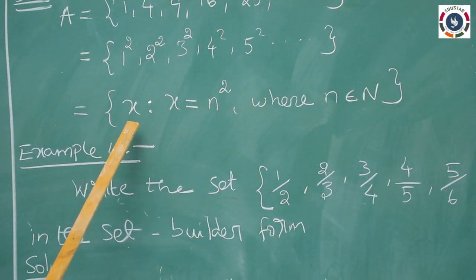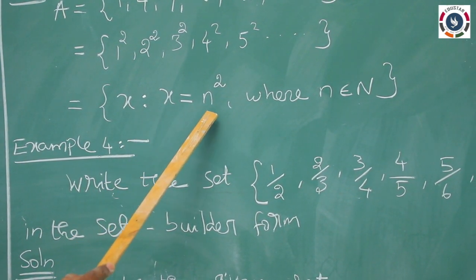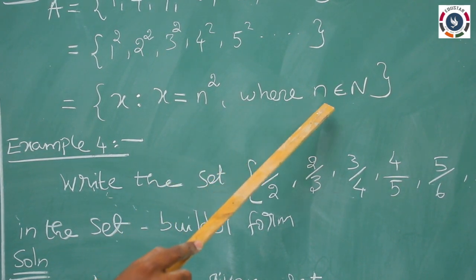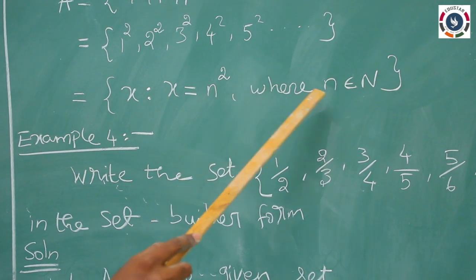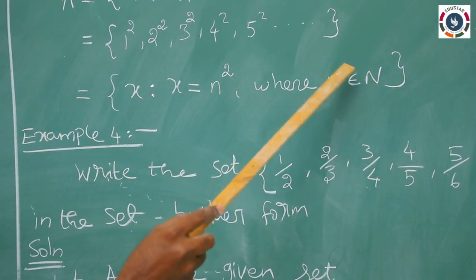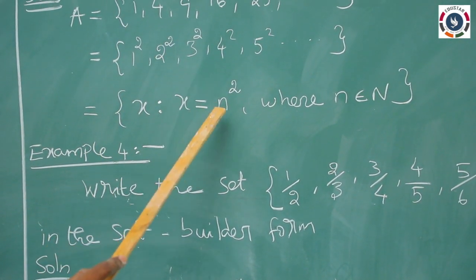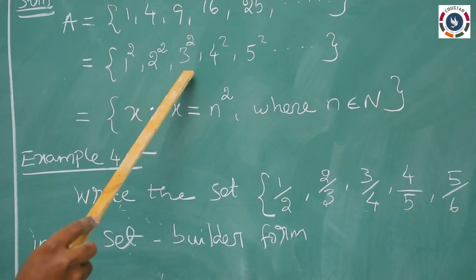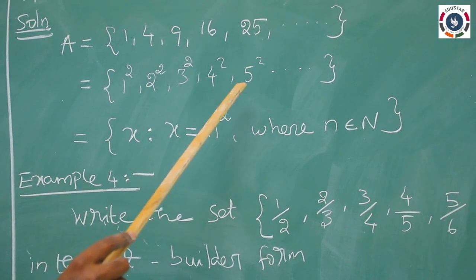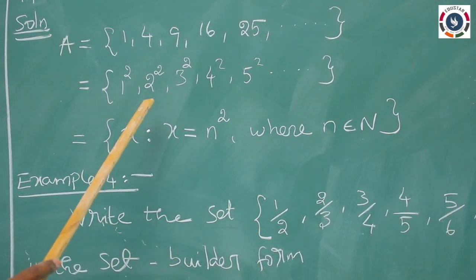So, this is x such that x equal to n square, where n belongs to N, the natural numbers. Suppose n equal to 1, 1 square is 1, 2 square is 4, 3 square is 9, 4 square is 16 and so on.